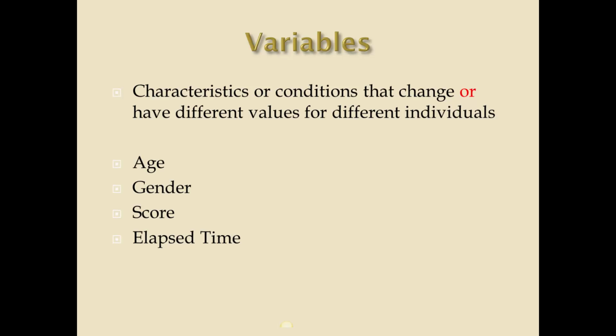A variable is a characteristic or condition that changes or has a different value for different individuals, like age. Different people have different age, or gender, or your score in a test, or the time it takes to do something.